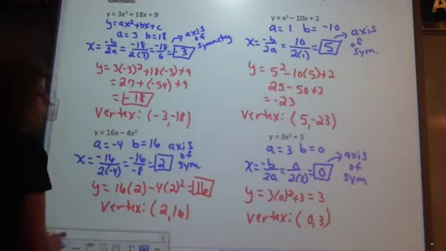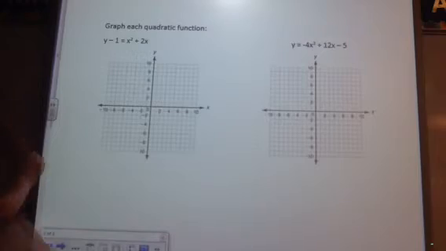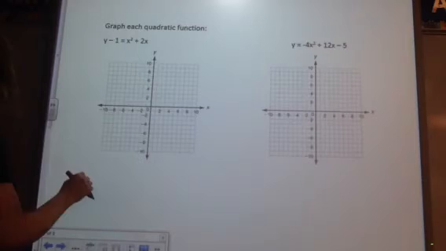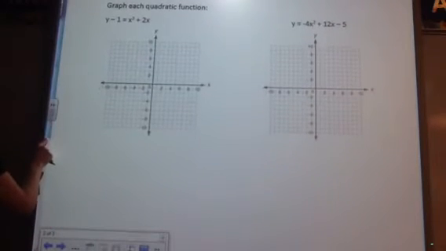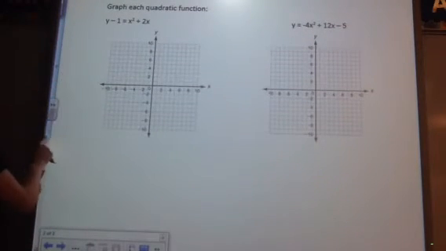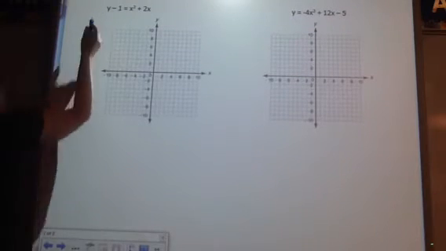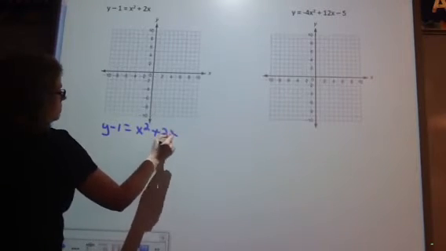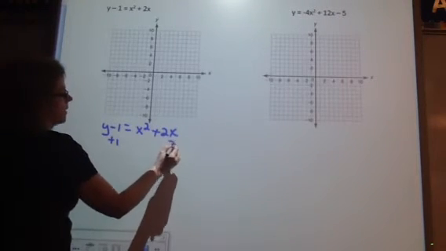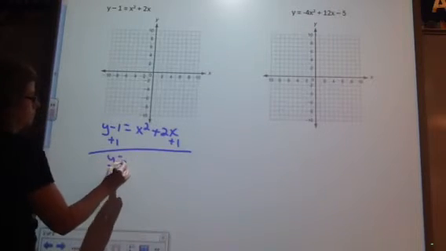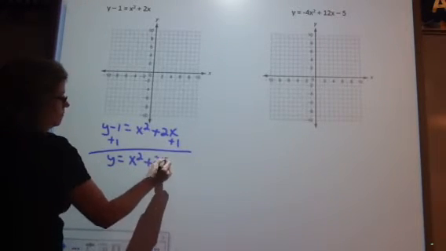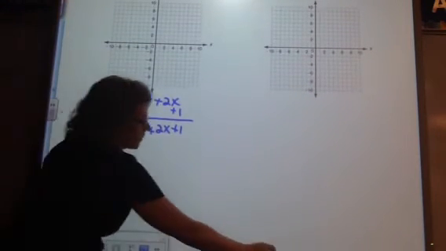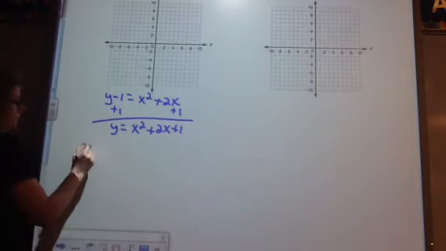Alrighty, now let's go on to the graphing part. Okay, so when we graph a quadratic equation, the first thing we need to find is the vertex. Alright, so we need to go ahead though and isolate our variable y. So I'm going to add 1 to both sides here. Okay, once I do that, I can find my x-coordinate of my vertex.